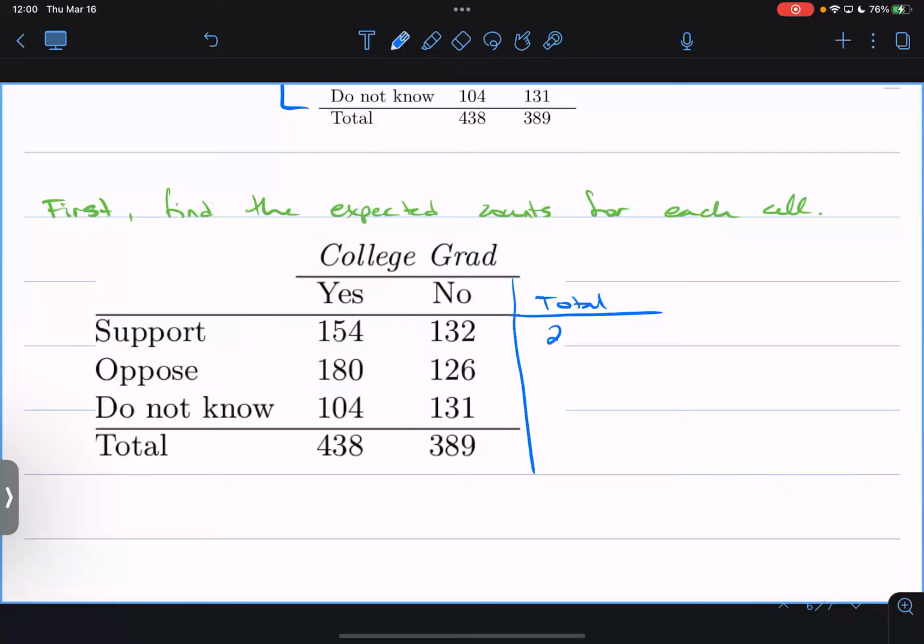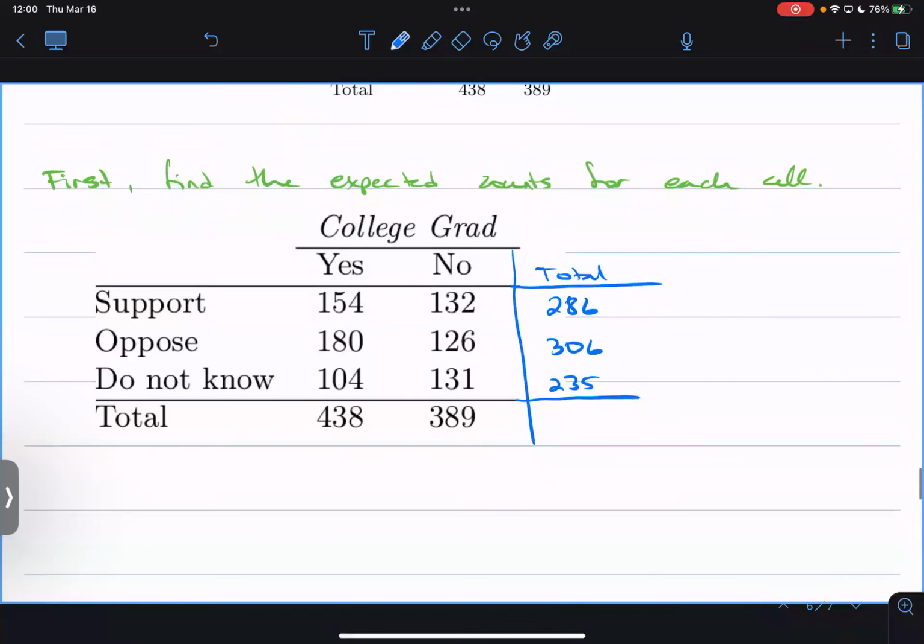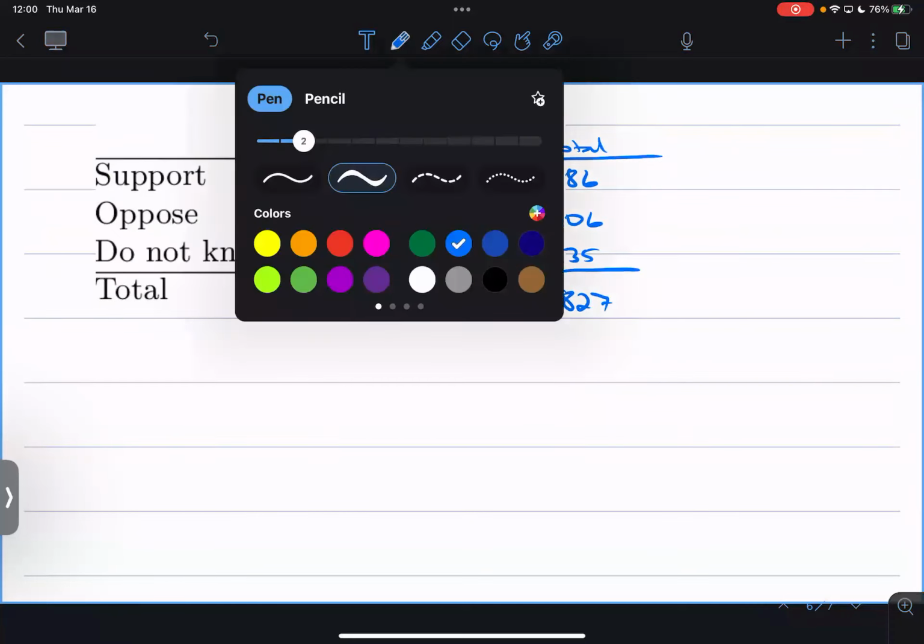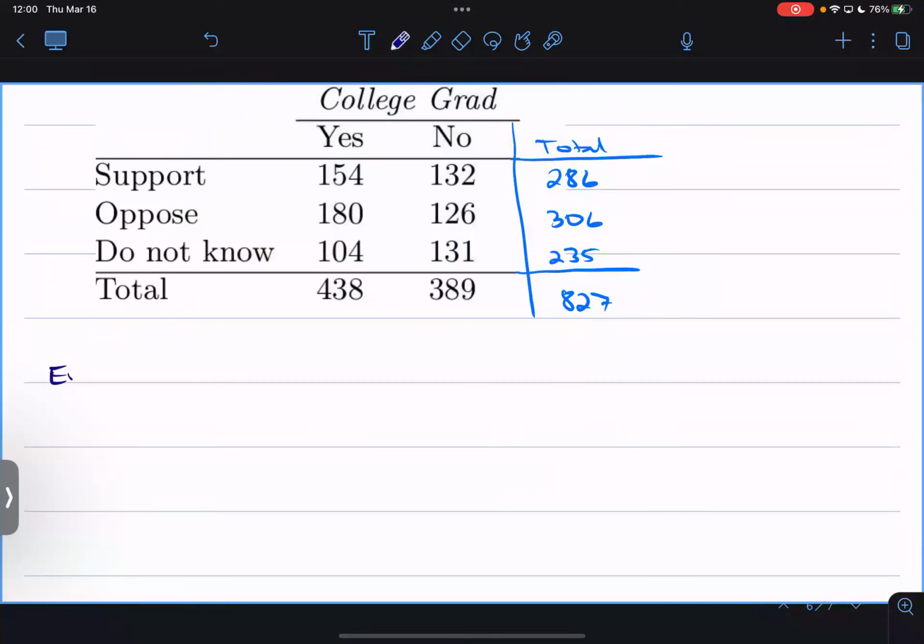And I have them here, 286, 306, and 235. And the grand total is 827, right? And those need to add up across both the columns and the rows, because it's the same things, just across different variables.